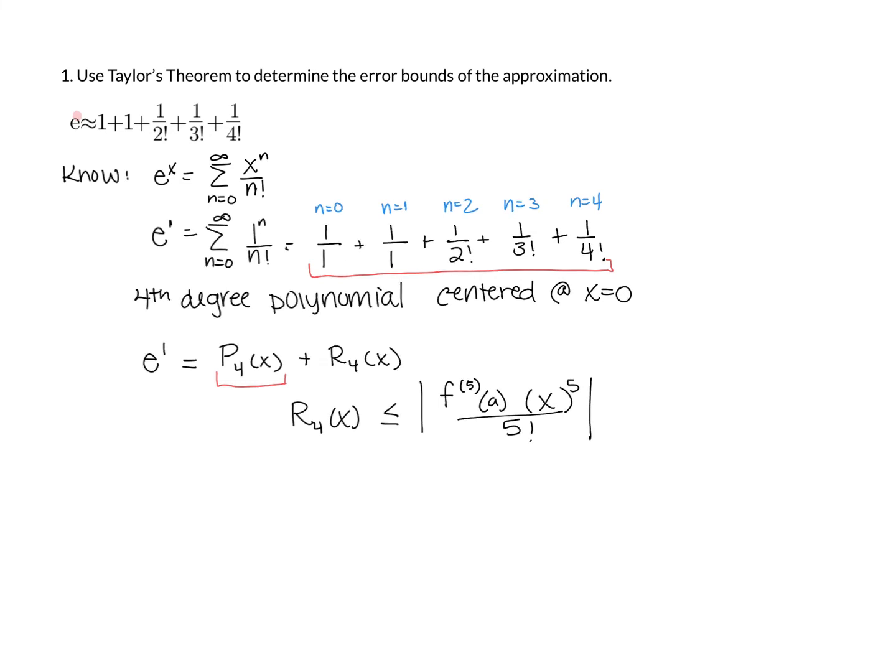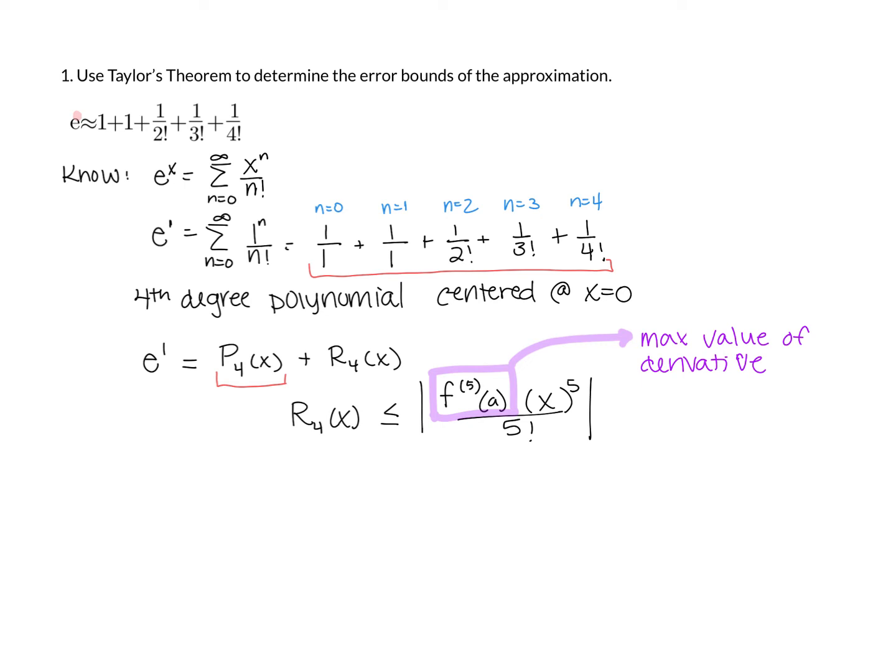Okay, so what we talked about before was that this expression right here stands for the max value of the derivative of the function. In this case, it'd be the 5th derivative.